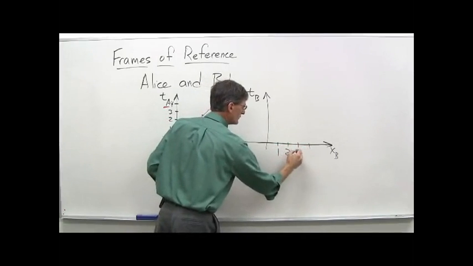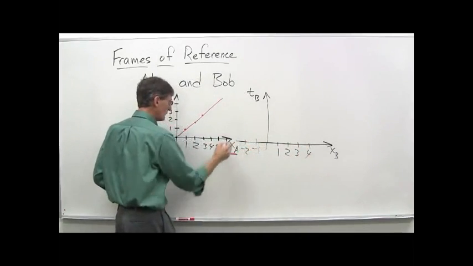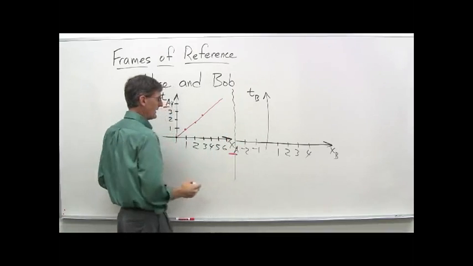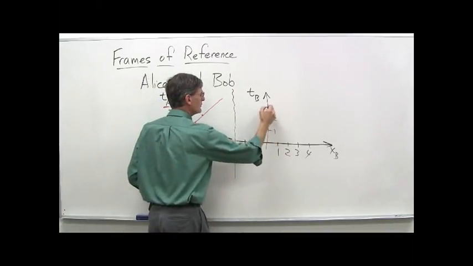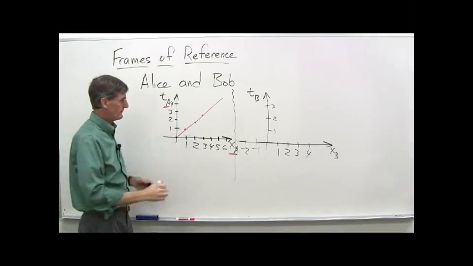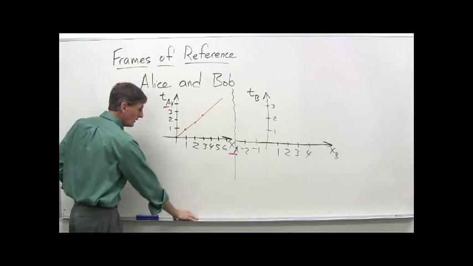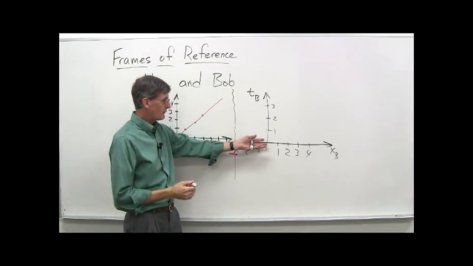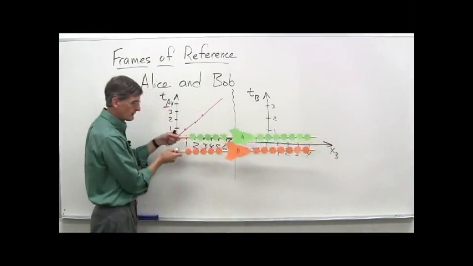All right, 1, 2, 3, 4, -1, -2, and now we're running into Alice's plot there. And then the time again, 1, 2, 3, more or less. You see I've got different scales here, but we'll assume it's the same. Doesn't really matter for our point here, because plotting Bob's perspective, he sees Alice.